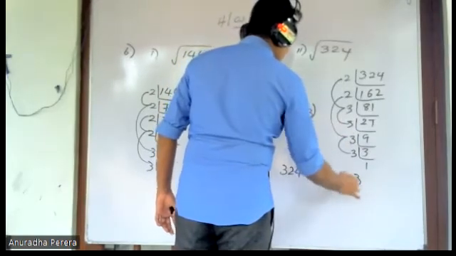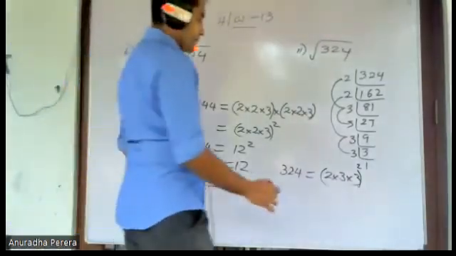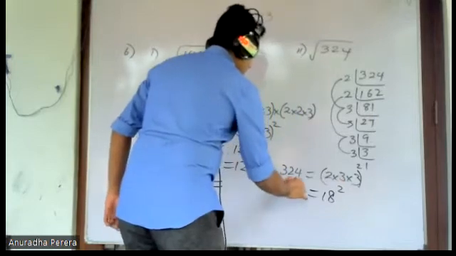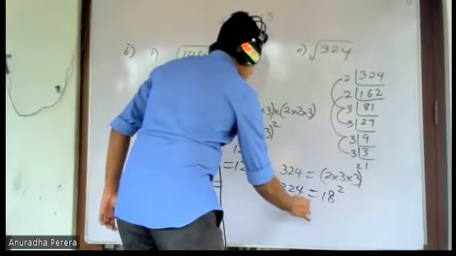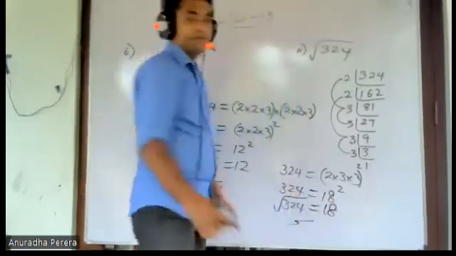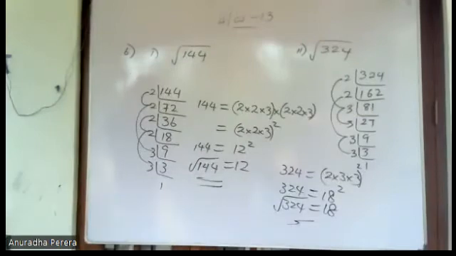Directly you can write it as a power: (2 times 3 times 3) to the power 2, which is 18 to the power 2. What is the square root? 18. Yes, it's 18.